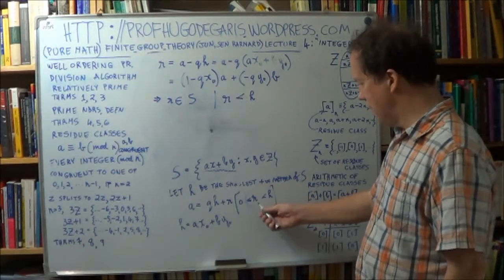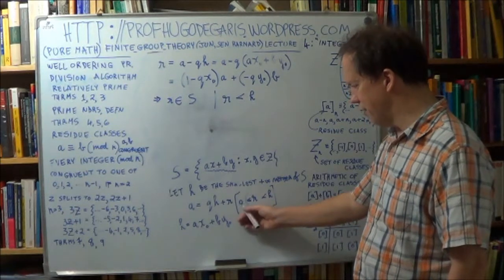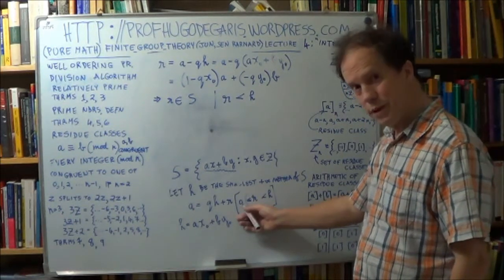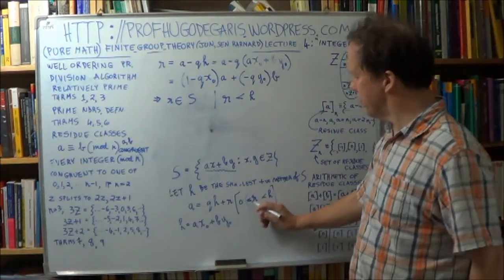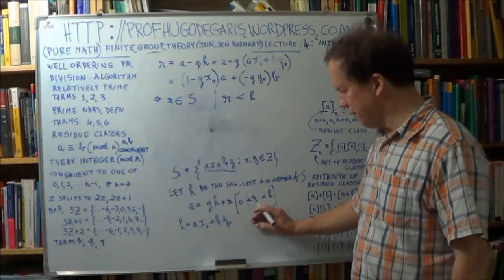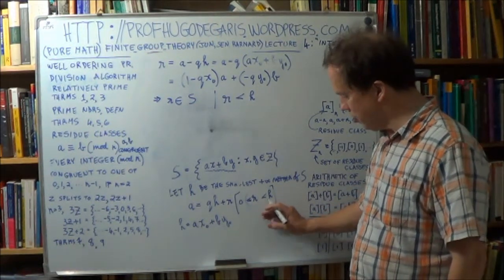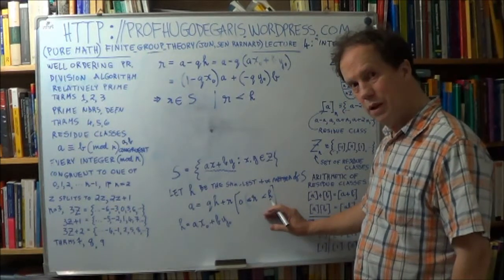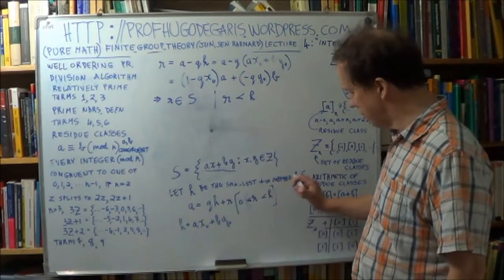If R is not 0, it's positive. Well, R is greater than or equal to 0, so if it's not 0, it has to be positive, and it's strictly less than H. But H, we're told, is the smallest positive member.